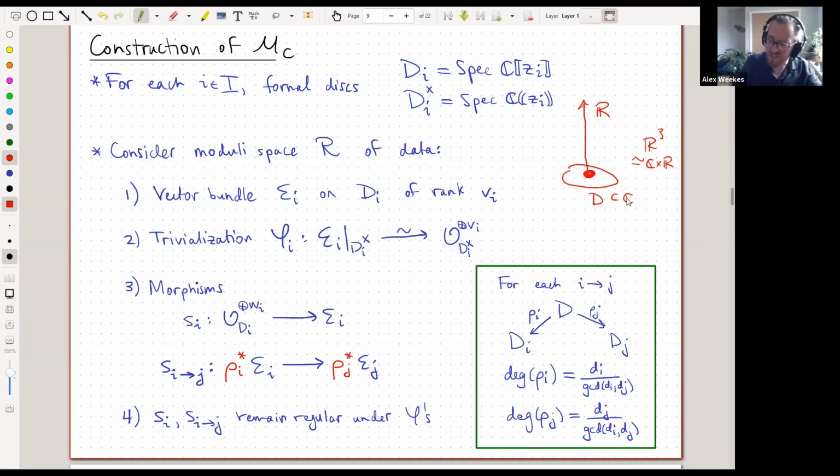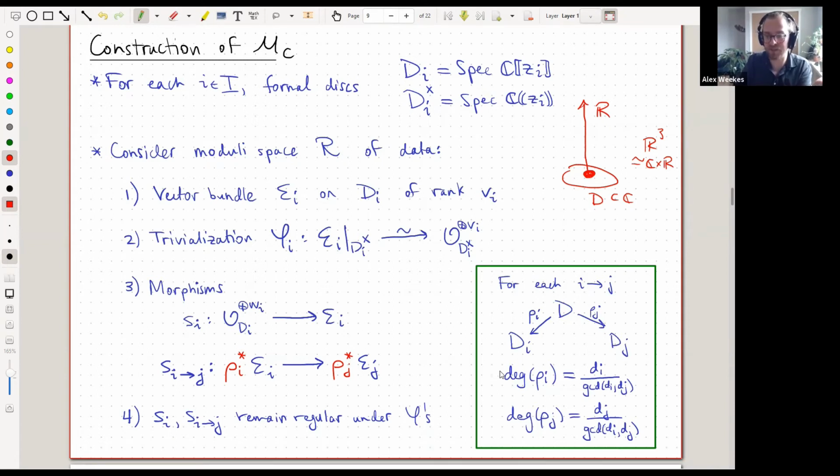And our construction looks like this too, but we're taking multiple formal disks, which are related to each other by covering maps. I don't know precisely how to formulate it in terms of these pictures, but maybe it's still useful to have in the back of your head. So essentially, for every node of the Dynkin diagram, we're going to take a different formal disk.